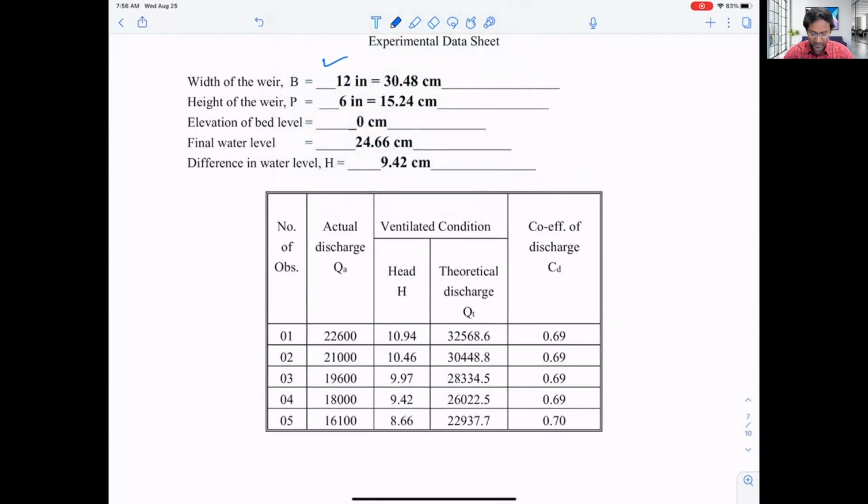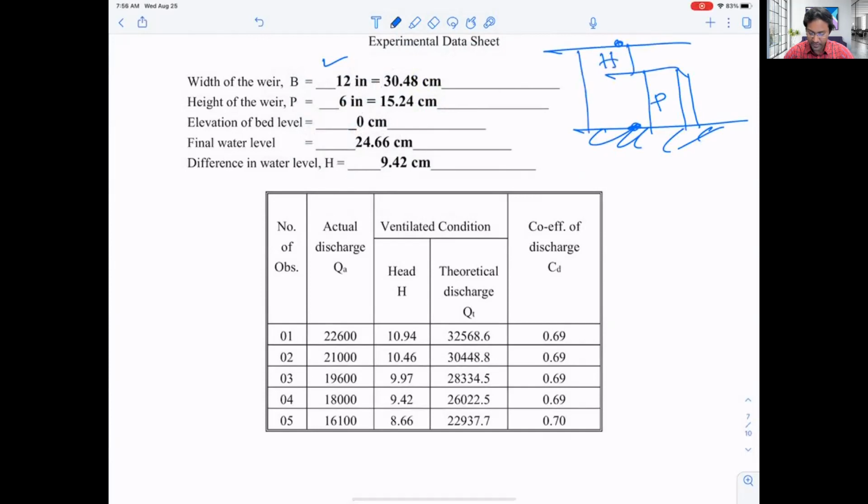And then the elevation of bed level at the beginning, because we are using this weir at the bed level, it is 0, and we are measuring here the final bed level, 24.66. So if we deduct that value of p, we will get the value of h, right?